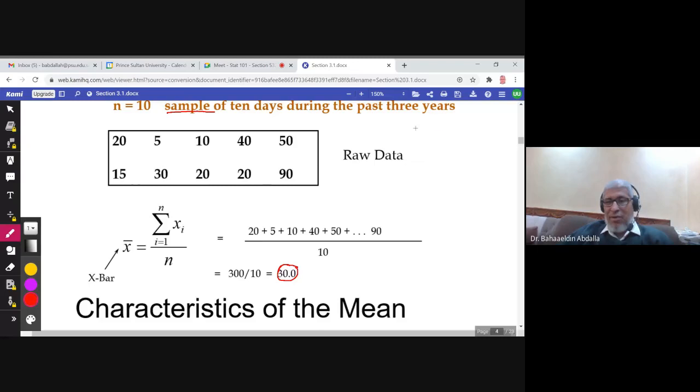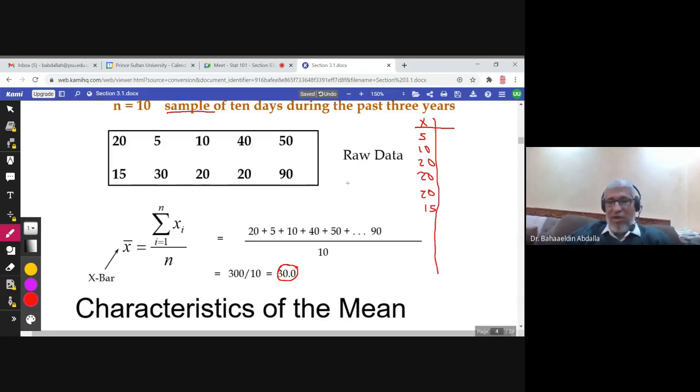This is an example, and you can write all the values of X here, which is, I have 5, with 10, with 20, with 20, 3 times, but then I have also 15, I have 20.